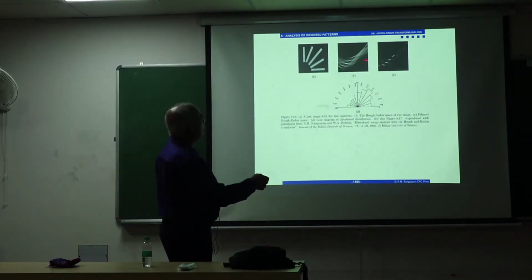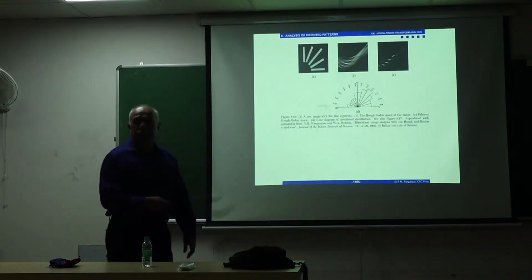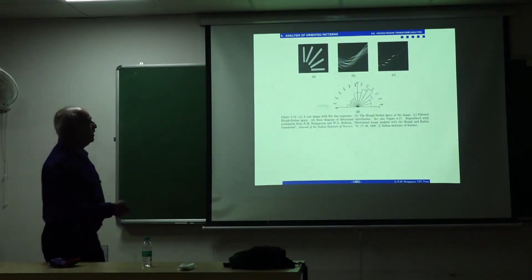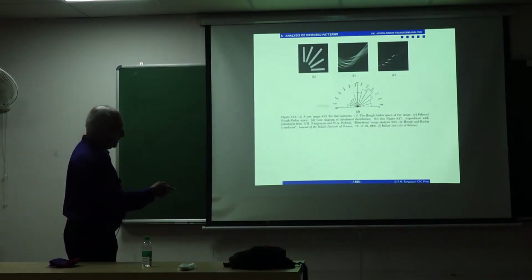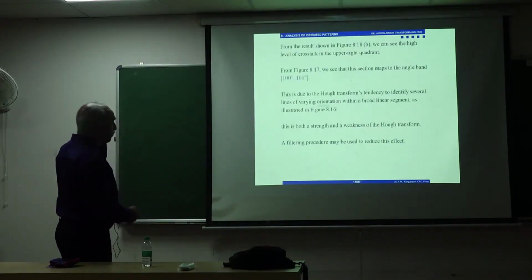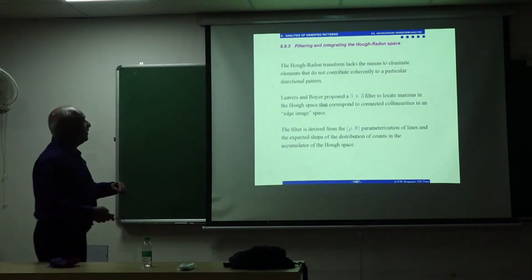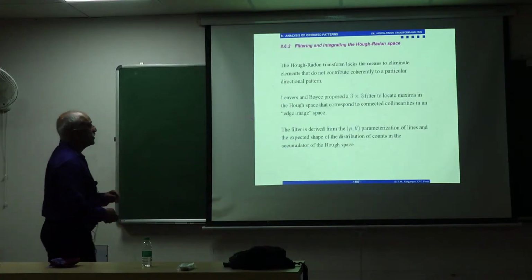We filtered the Hough space to detect these regions and eliminate others so that the search in the Hough-Radon space could be made a little better. So we call these butterfly patterns, and we could search for that. So filtering and integrating in the Hough-Radon space.